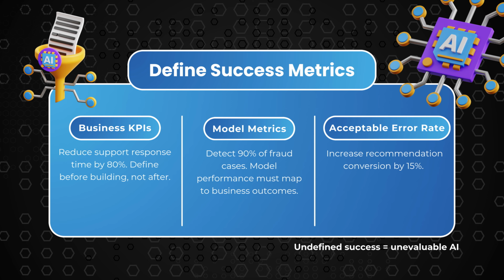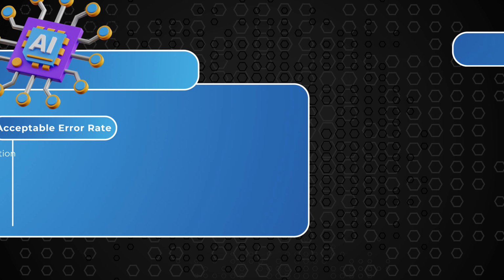Model performance should always connect directly to business outcomes. Finally, we establish acceptable error rates and measurable impact, like increasing recommendation conversion by 15%. If success is not clearly defined, the AI solution cannot be properly evaluated.